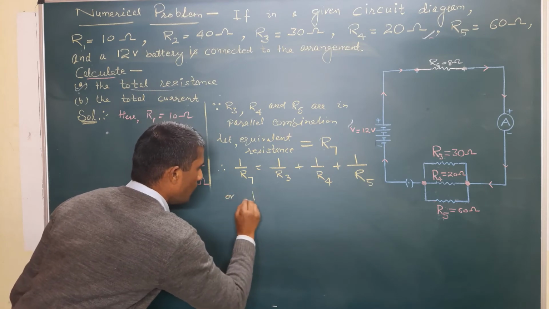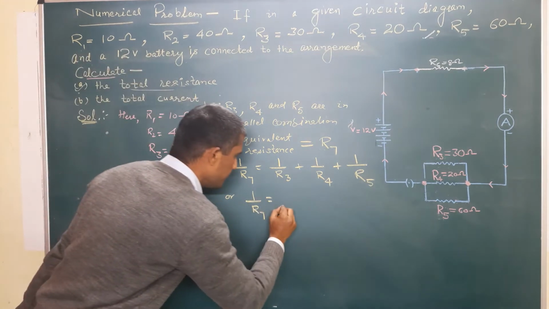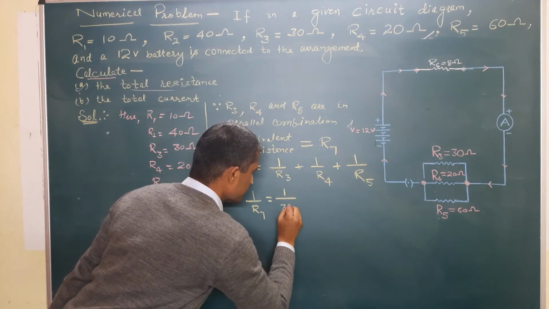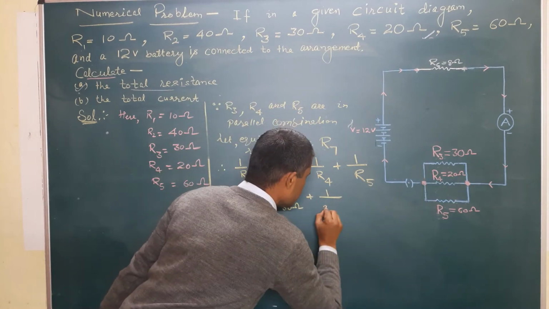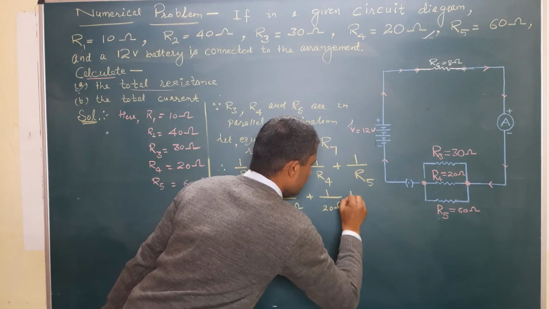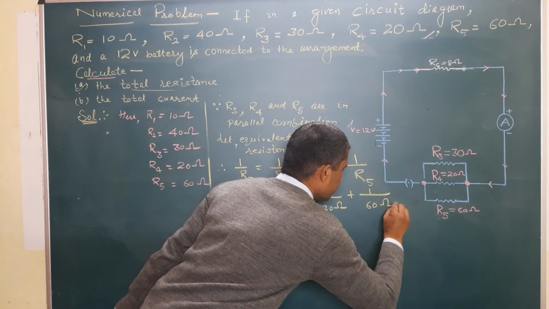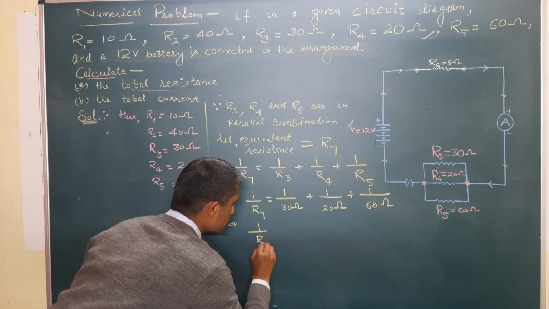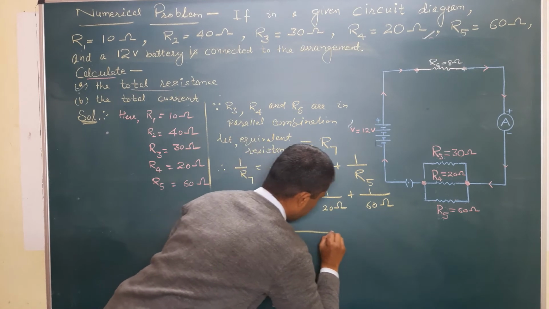Just put in the values of each resistance here. 1 upon R3 is 30 ohm, plus 1 upon R4 is 20 ohm, plus 1 upon R5 is 60 ohm, or 1 upon R7, the LCM is 60 ohm.